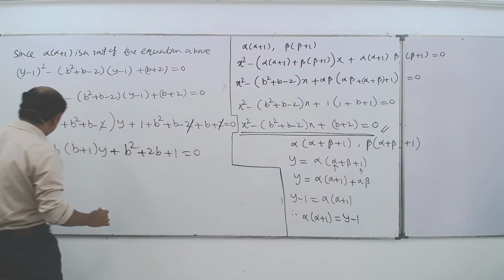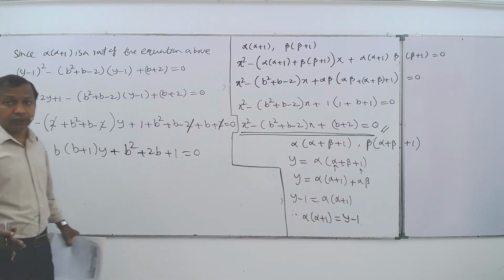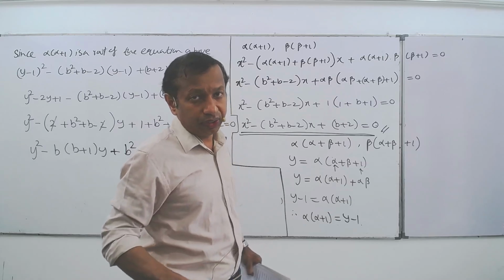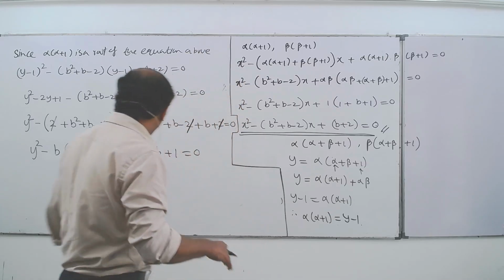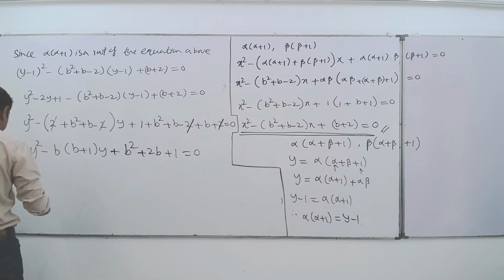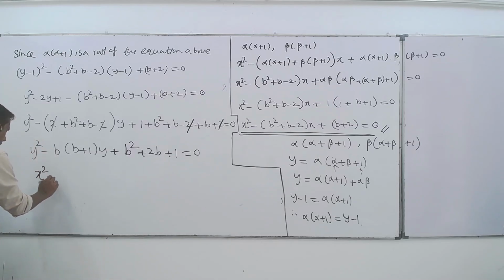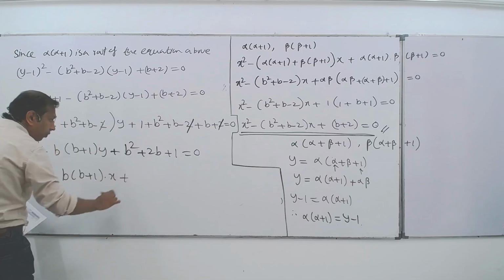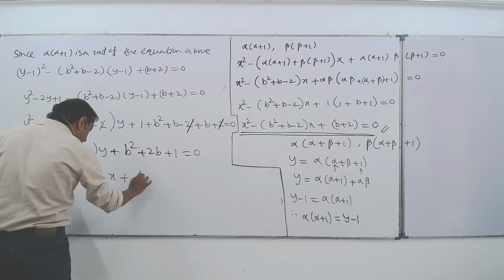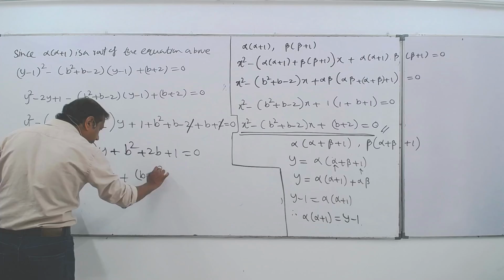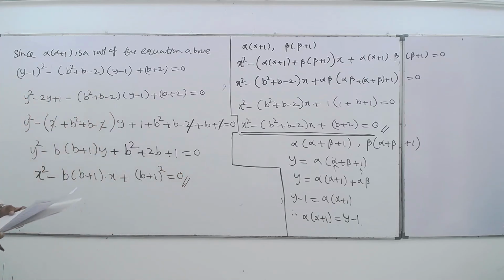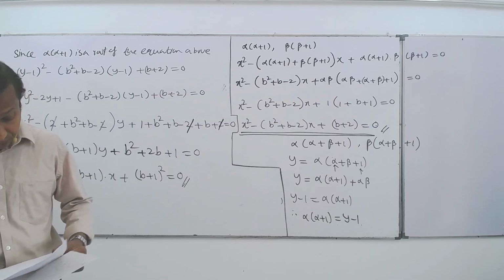Now we can convert this y to x. Though you keep it like that in terms of y, it's still correct. So we'll write x for y, then x squared minus b times (b plus 1) times x, this is nothing but (b plus 1) squared. So this is the required quadratic equation.